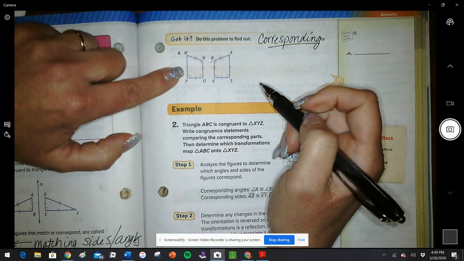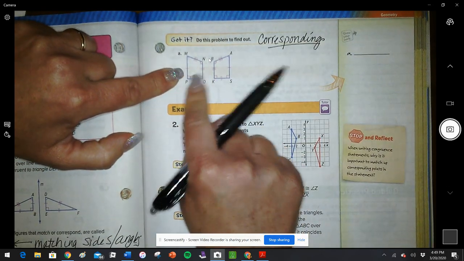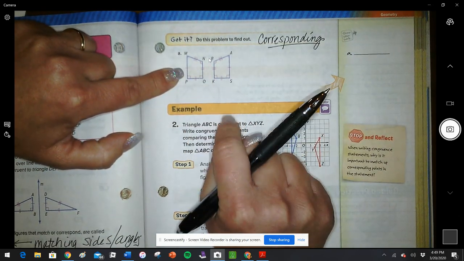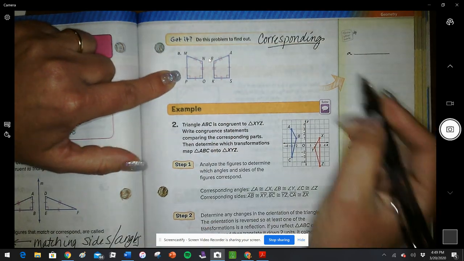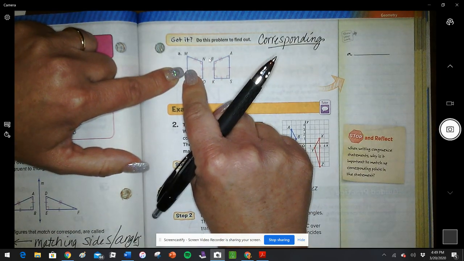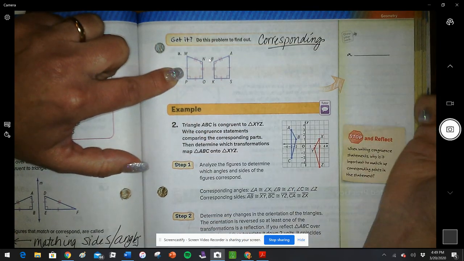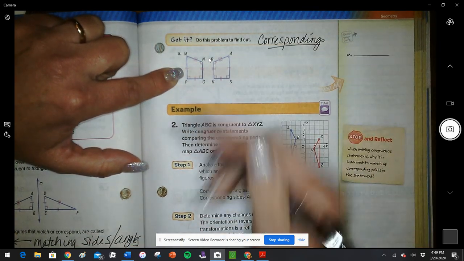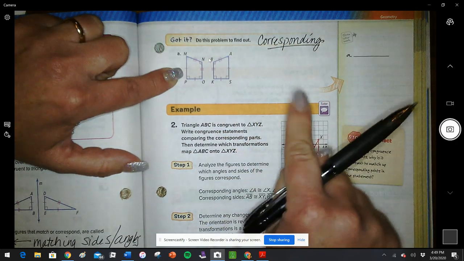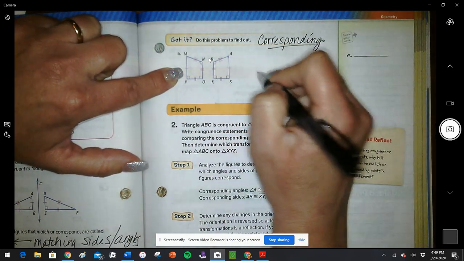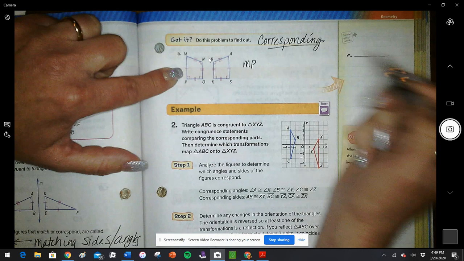So let's start with this MNOP, and then we'll match the other side. Let's start with our sides, side 1. It doesn't matter what order you decide to put the letters in first, as long as the side on the other one matches. I'm going to write MP, just because.